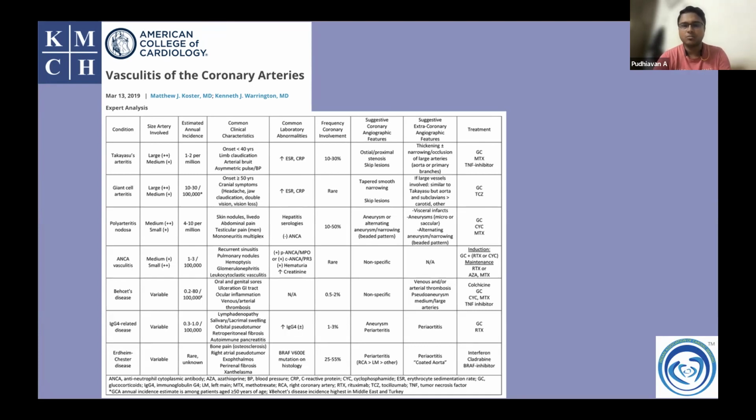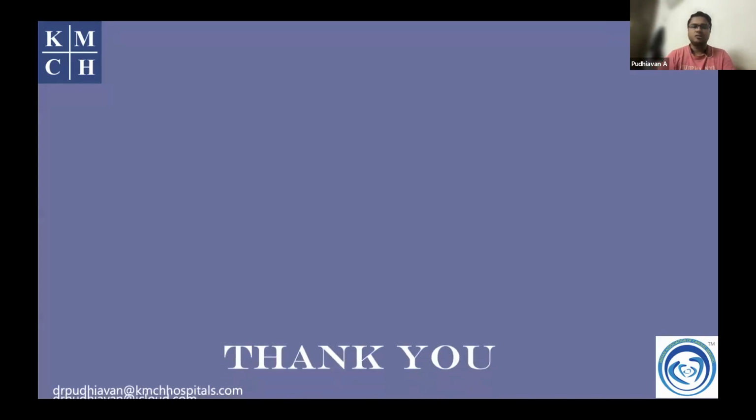It can involve anything from CNS to the lungs, to the vessels, to everything. So these are the main differentials we'll have to consider whenever we suspect a case of vasculitis involving the coronary arteries, especially when we are encountering an adult patient. Thank you very much.